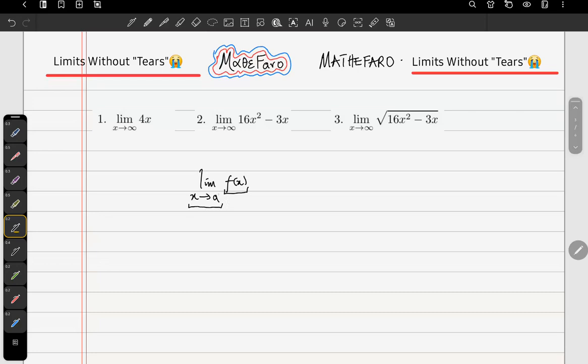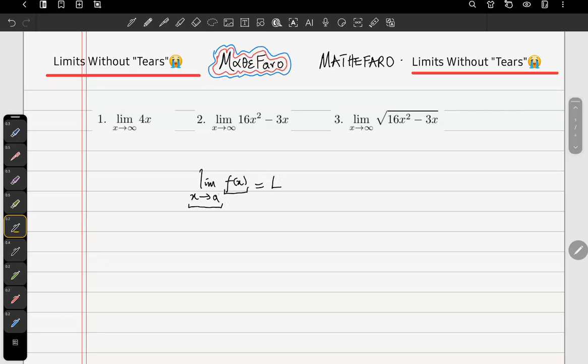To say that the limit of f of x as x approaches a is equal to L means that as we get closer and closer to a, either from the right or from the left, f of x itself is getting closer and closer to L.